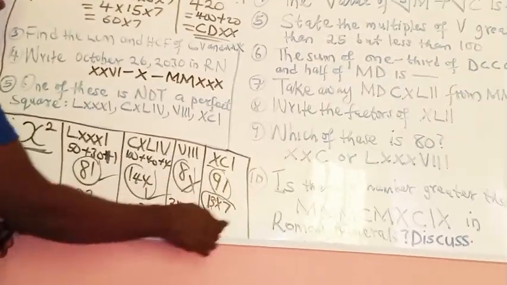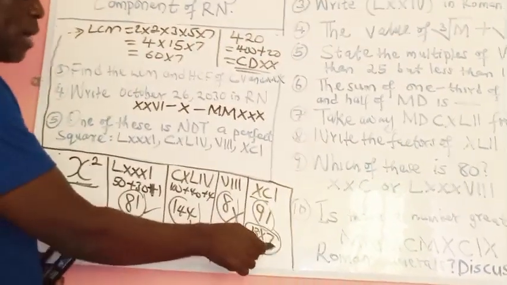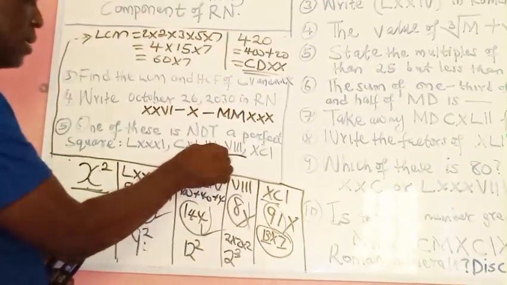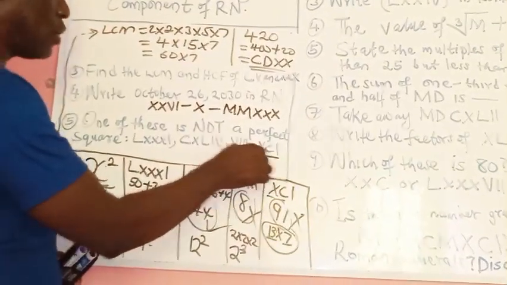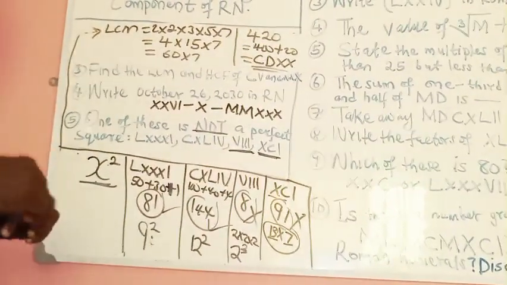Okay, there's no way we can write this in terms of an exponent of 2 because the two numbers we have here are not the same. So it means that these two are not what? Are not perfect squares. Alright.